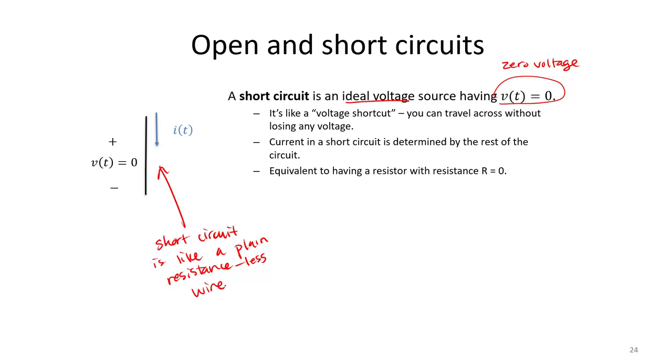It's just 2 points that are connected, and there is no voltage difference between there. When I see the word short, I think of shortcut. We can travel across that circuit without losing any voltage. So notice voltage across a short circuit is always 0.